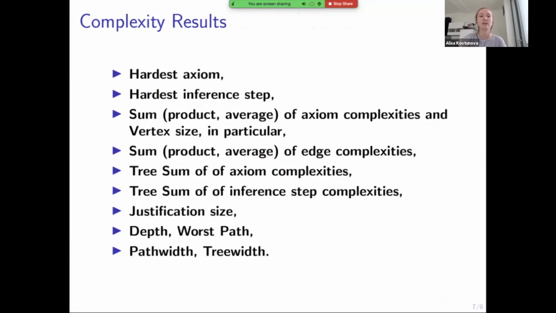So what it means for the list of measures which I showed before is that for these measures, hardest axioms, hardest inferences, if you consider proofs which are trees, and sum of axiom complexities or sum of inference step complexities, these problems will be P-complete for the polynomial size deriver.